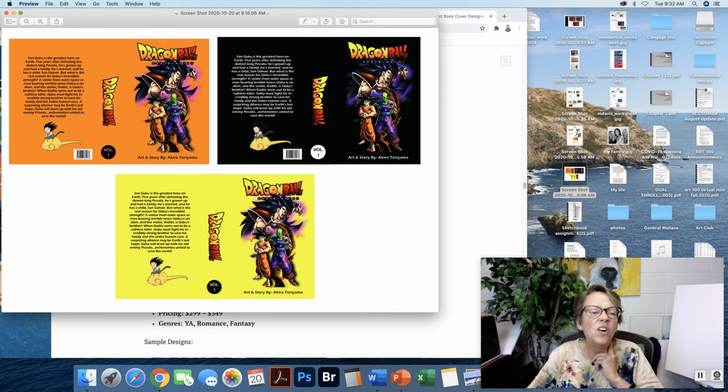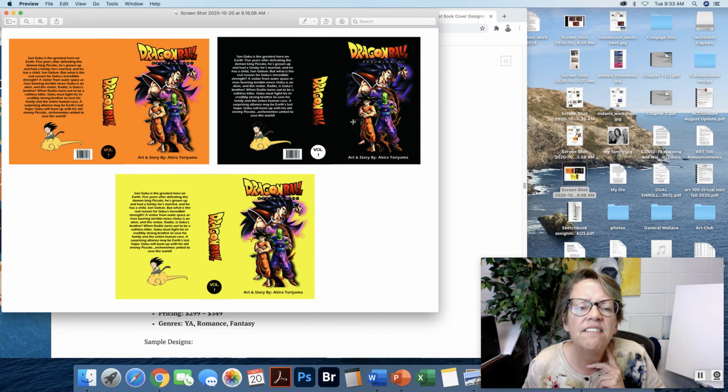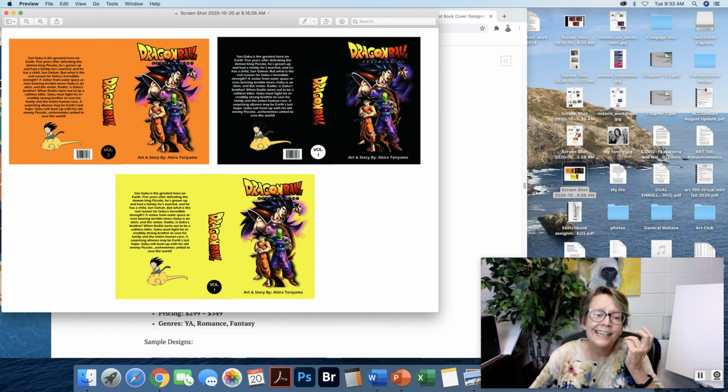Okay, here we go. We've got the title, Dragon Ball. It's volume 1. This doesn't say volume 1 on the front, and it should. As far as being able to see the characters, I can't really see them. The foreground are these two guys. They're standing next to each other, so are they friends?